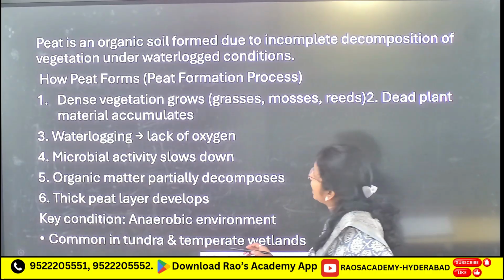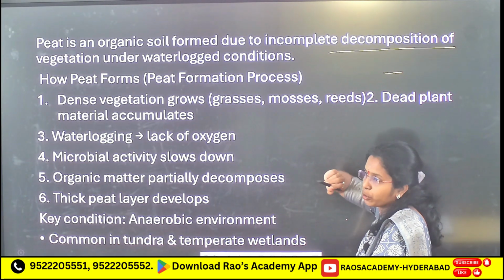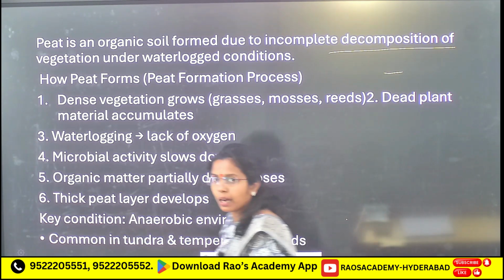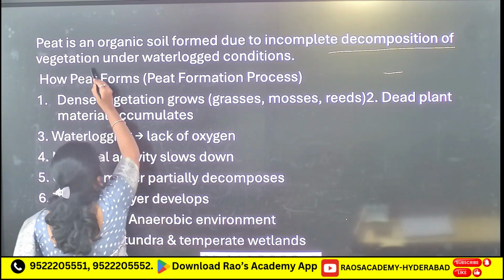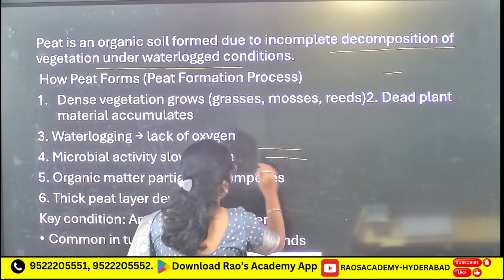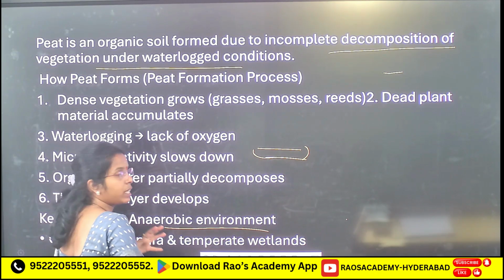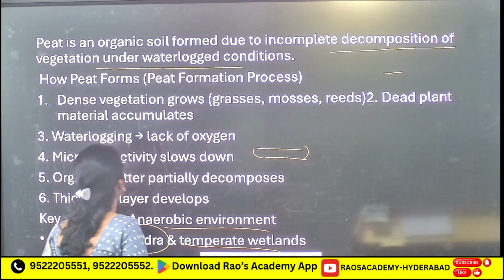Now, peat is an organic soil formed due to incomplete decomposition. In equatorial region you will see fast decomposition, but peat is incomplete decomposition of vegetation under waterlogged condition. If water is logged, anaerobic environment, you will see peat formation mainly in tundra and temperate wetlands.